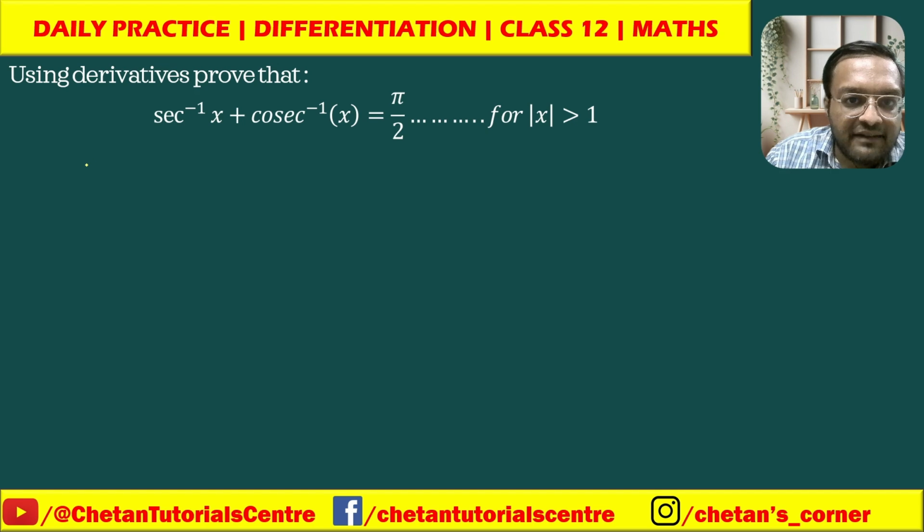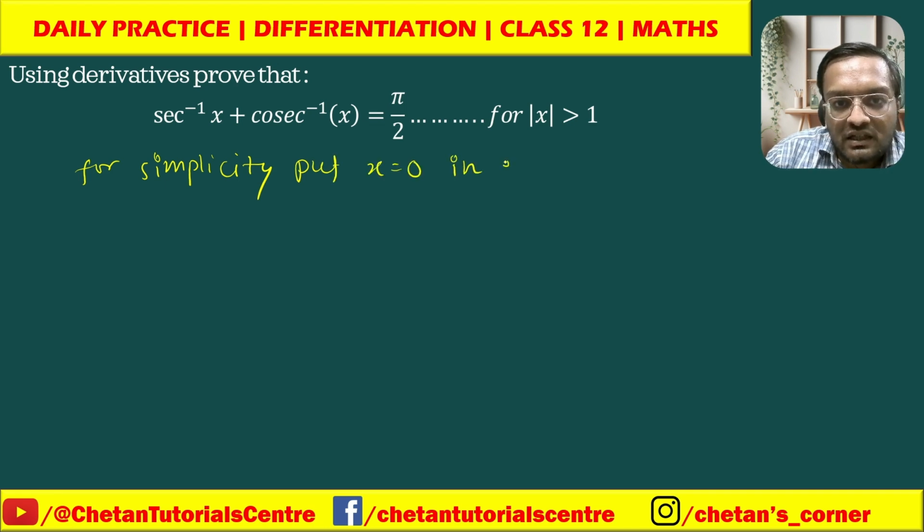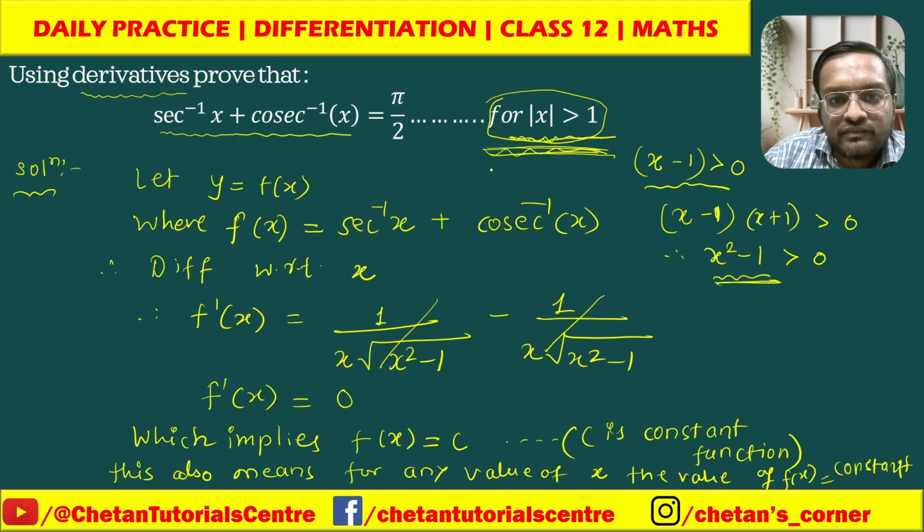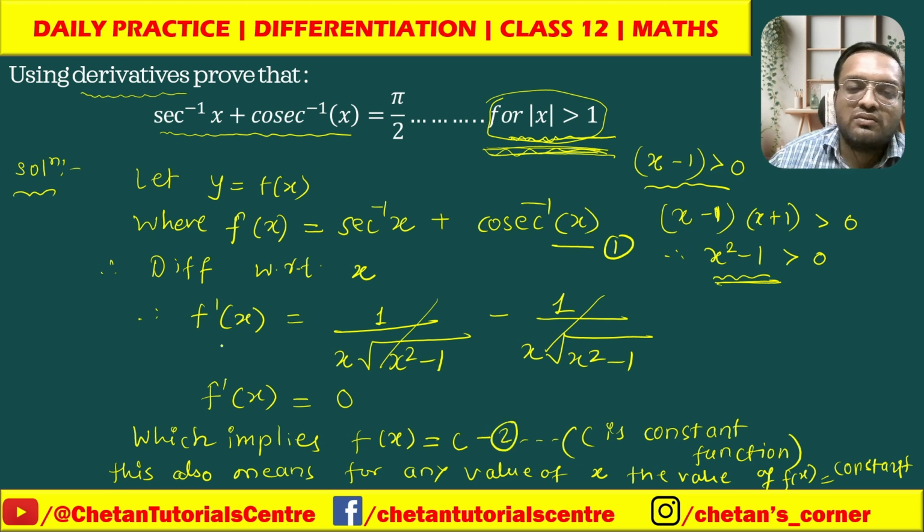Therefore, for simplicity, I will put x is equal to 0 in the equations. I will mark this as equation number 1, this as equation number 2.